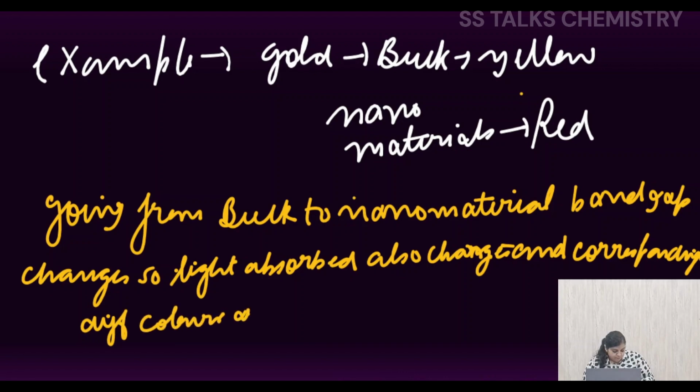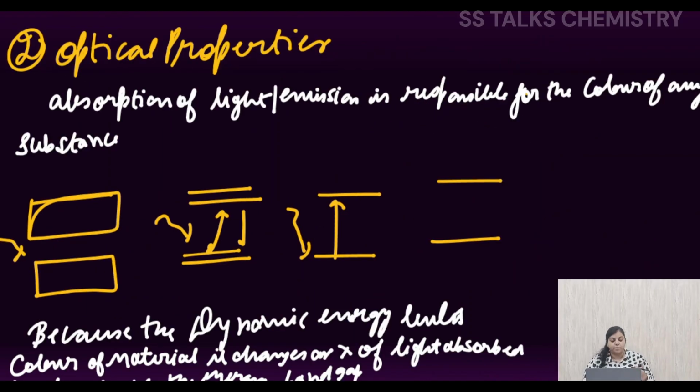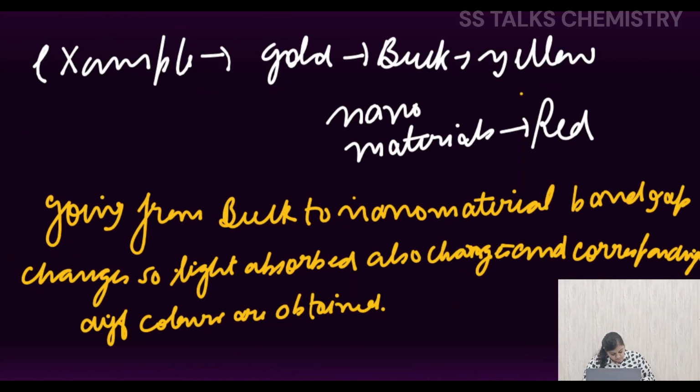This is the reason. This is how the optical properties change when we go from the bulk to the nanomaterials, and the reason lies in the energy band gaps. Now the next property we are going to look at is the reactivity of these materials.